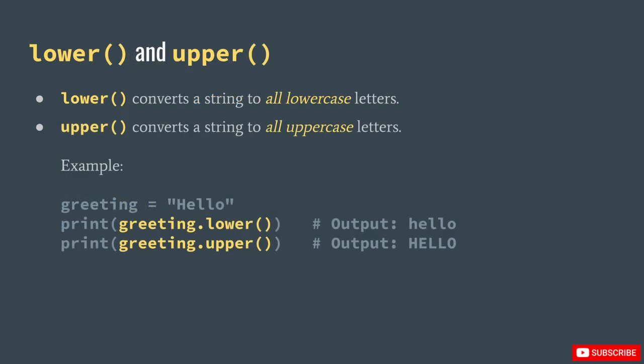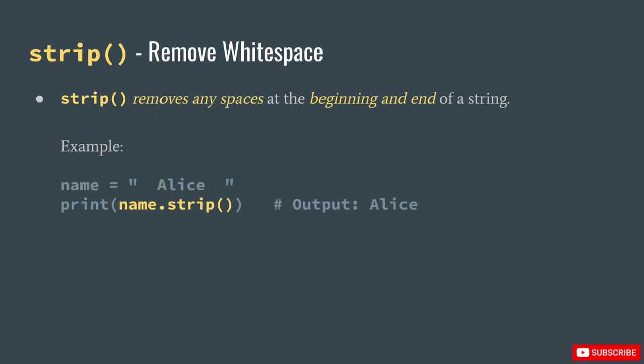The lower function converts all the letters in a string to lowercase, while upper does the opposite, converting all letters to uppercase. These functions are useful when you want to standardize the case of your text. The strip function removes any spaces or extra white space at the beginning and end of a string.